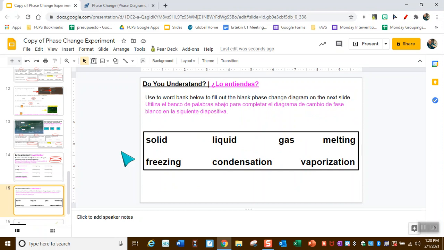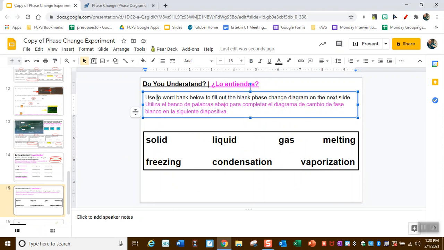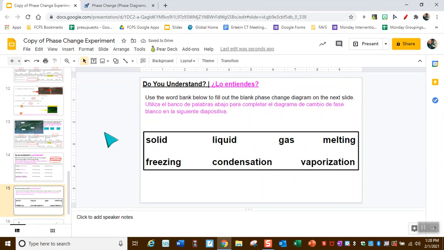Okay. Now, next activity. Use the word bank below to fill out the blank phase change diagram on the next slide. Utiliza el banco de palabras abajo para completar el diagrama. Is it diagrama or diagrama? Oh, yeah, it is diagrama. El diagrama de cambio de fase blanco en la siguiente diapositiva.